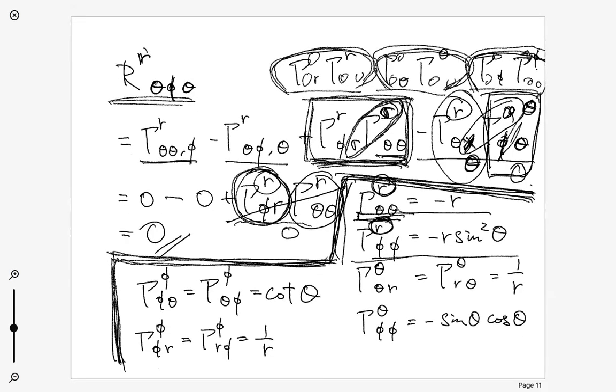We are lucky in this question that the Riemann tensor is 0 in all coordinate systems, but in some cases the Riemann tensor may not be 0, and in that case maybe we really need to do all this kind of calculation to calculate the components of the Riemann tensor.